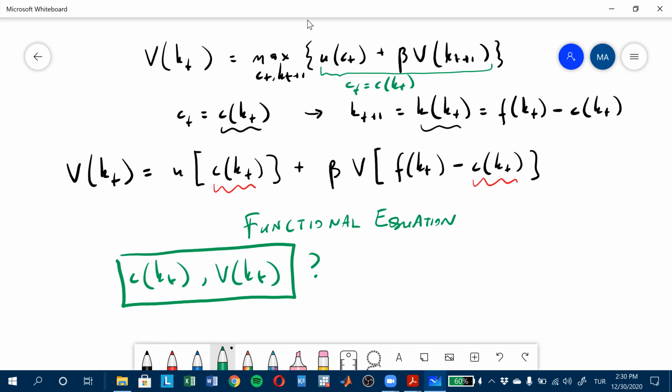Dynamic programming, the official name that Richard Bellman has given, resolves this problem. Dynamic programming techniques allow us to solve this functional equation in very articulate, very smart, very intuitive ways, and I will show you how.